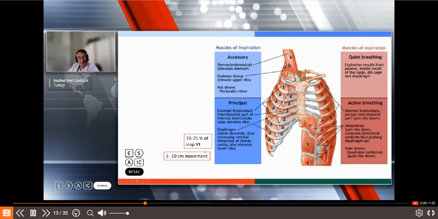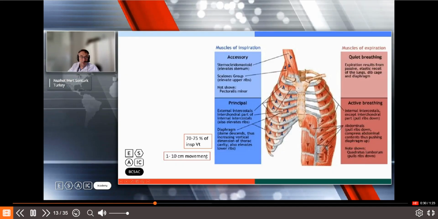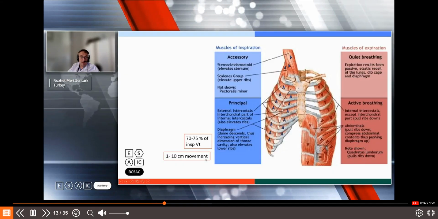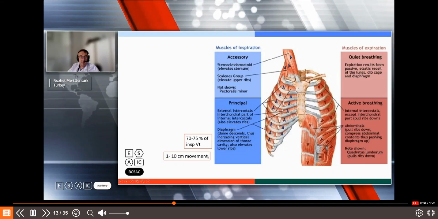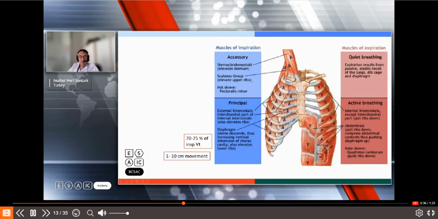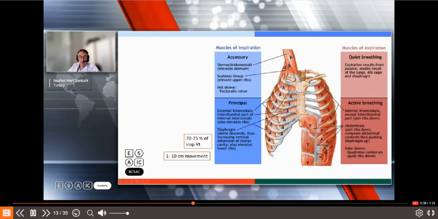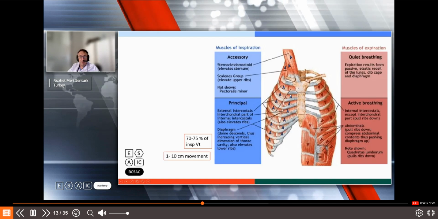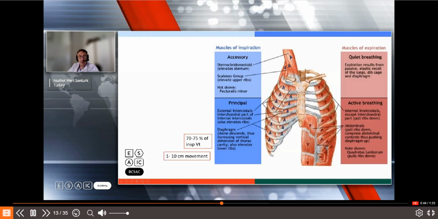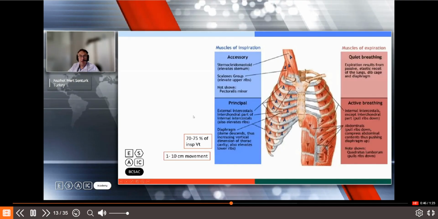In normal resting inspiration, the movement is 1 centimeter, but it can move up to 10 centimeters. Then we have the external intercostals, and especially the intercostals between T2 and T6 play an important role.